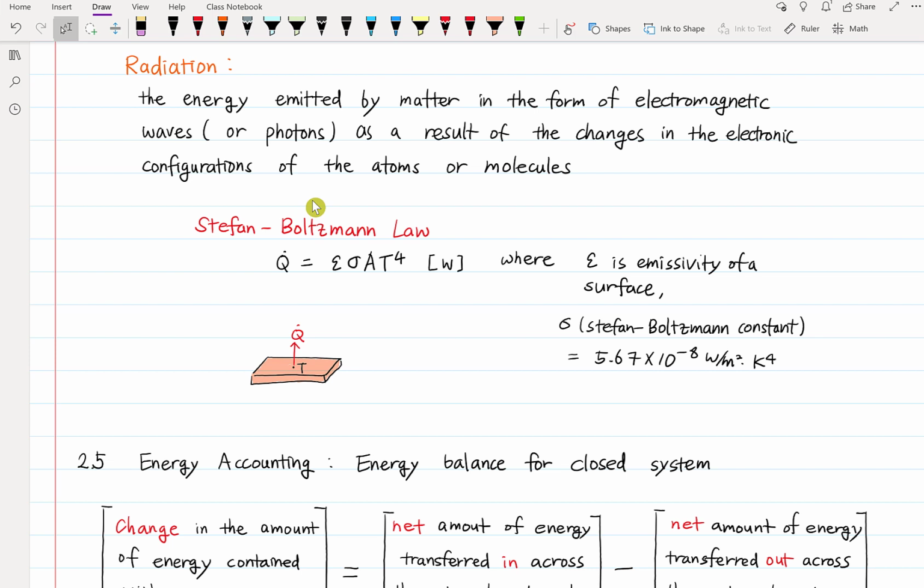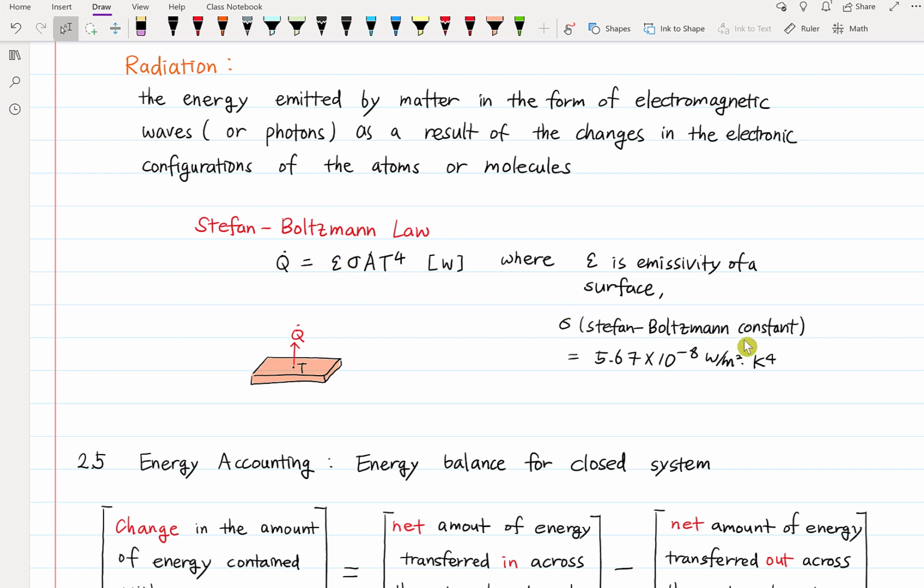Stefan-Boltzmann's law states that the emitted radiation, here Q dot, from a surface is proportional to the emissivity, epsilon, and surface area, A. It is also proportional to the fourth power of its absolute temperature.